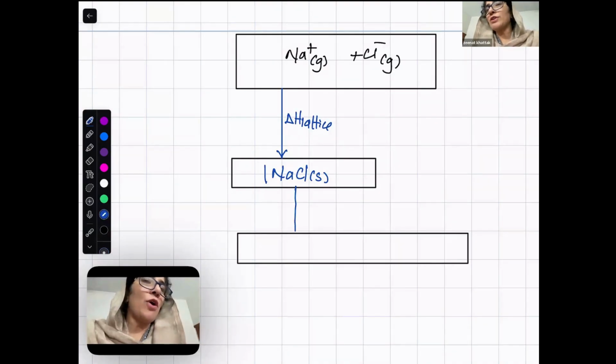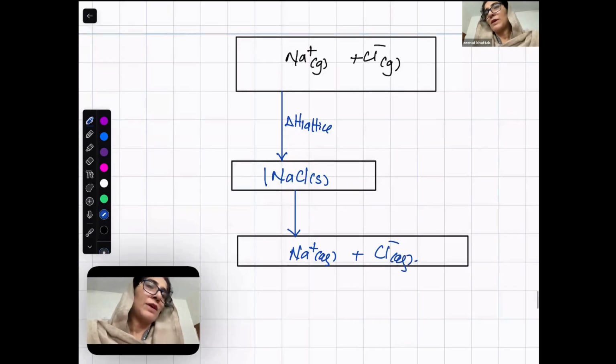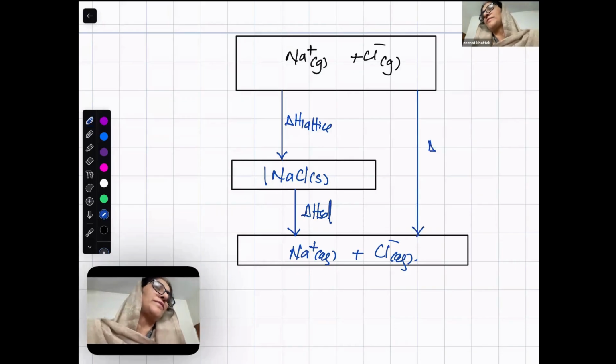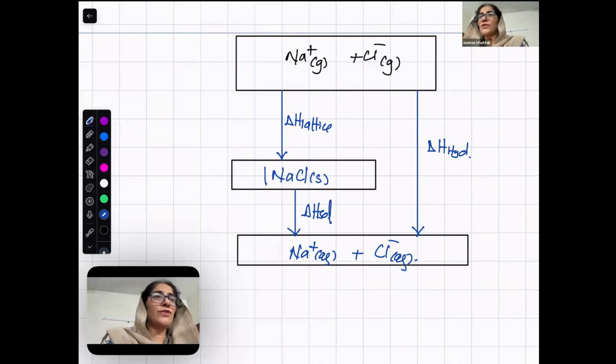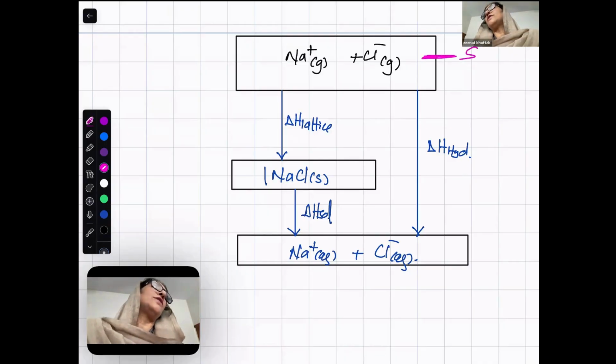Lattice into water is solution, and ions directly into aqueous ions is hydration of both ions, chloride and sodium. So can we say that this is the start, this is the stop?